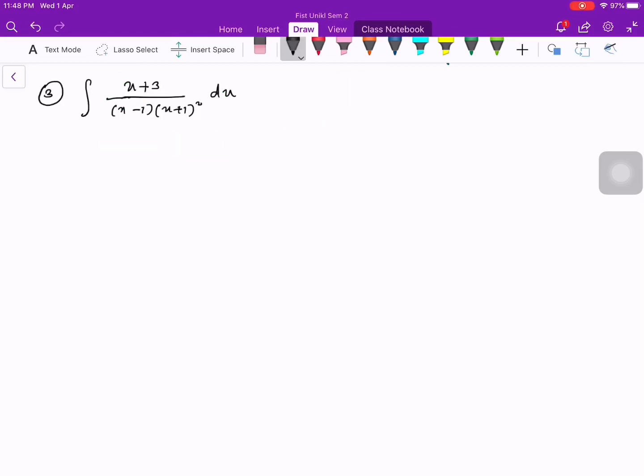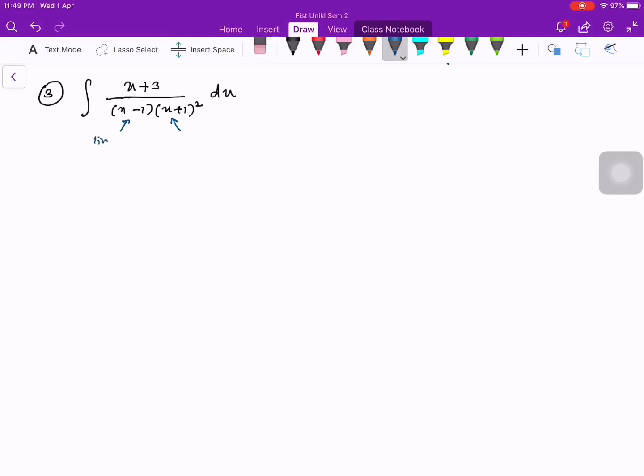Baik, untuk contoh yang ketiga, kita ada function x plus 3 over x minus 1 times with x plus 1 squared. So this is squared to the power of 2. Okay, so now we notice that we have a linear factor on our denominator, and also we have a repeated linear factor. So saya tulis this is a linear factor.